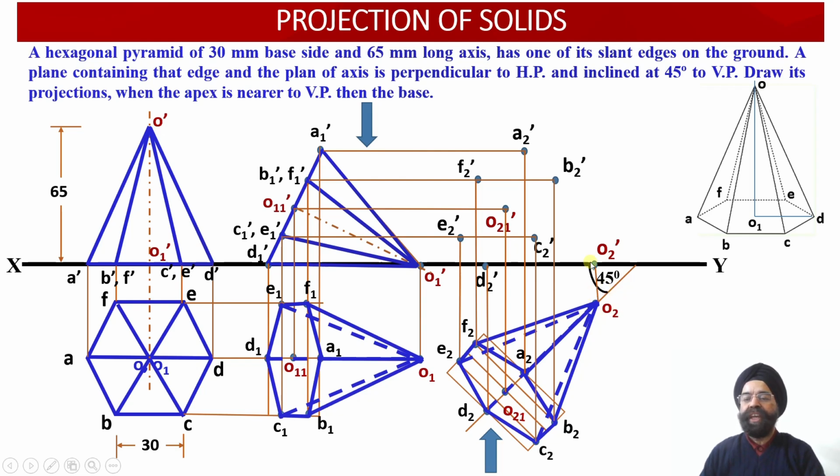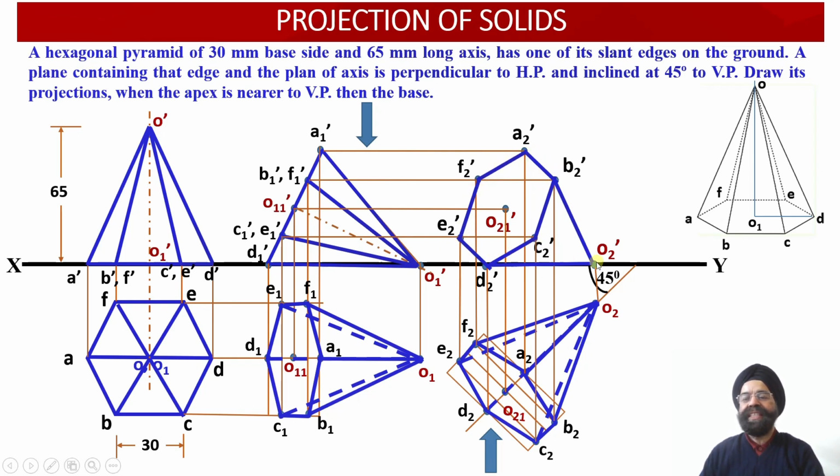So anything joining O2 dash in the front view projection should be drawn as a dotted line unless that particular edge constitutes the boundary of the solid. And the hexagonal base, because it is facing the observer, the total hexagonal face should be joined as a dark line. So please check the hexagonal base we have joined as dark edge.